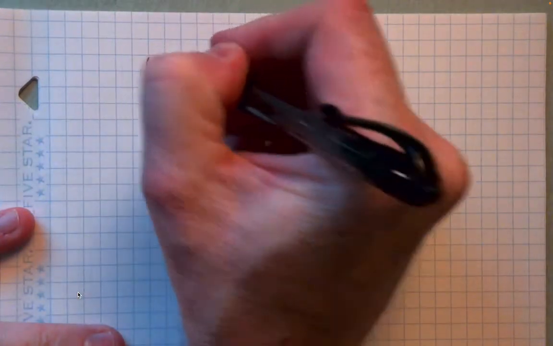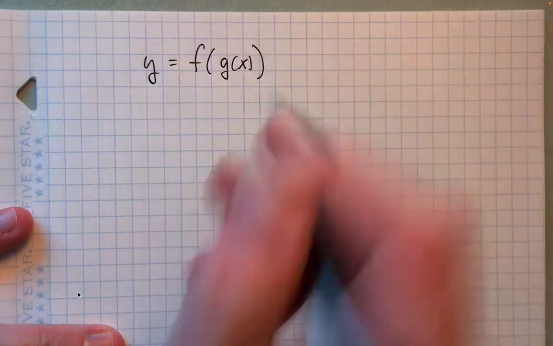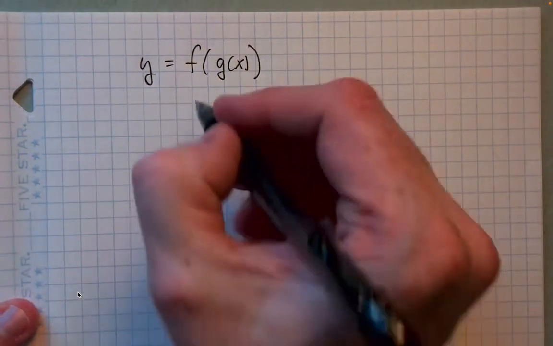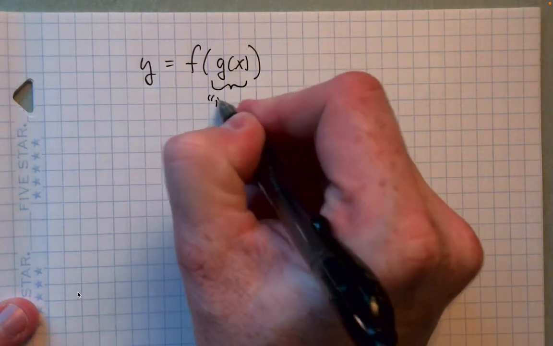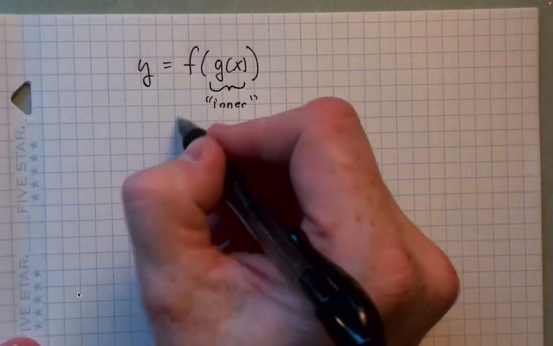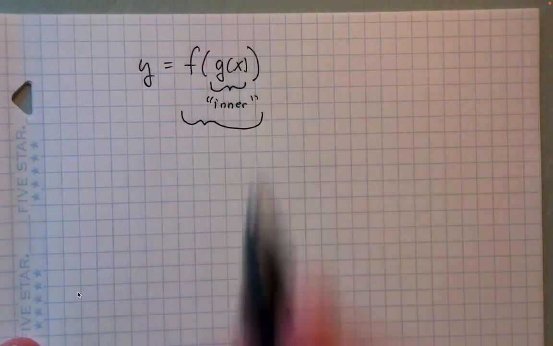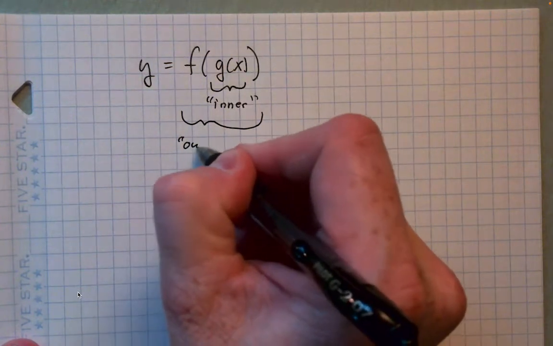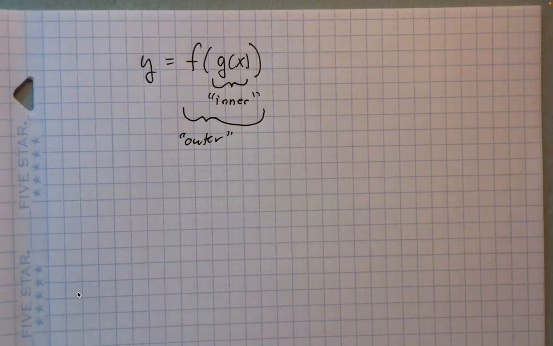So if your function looks like this, then you can think of the g of x as the inner part, and the f of whatever as the outer part.